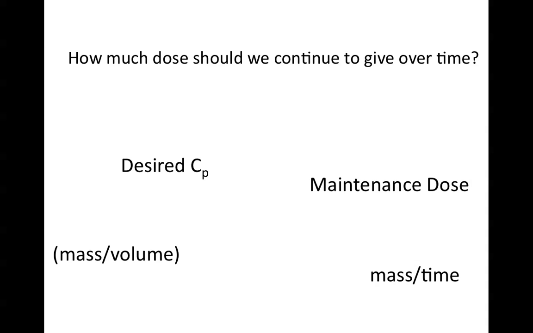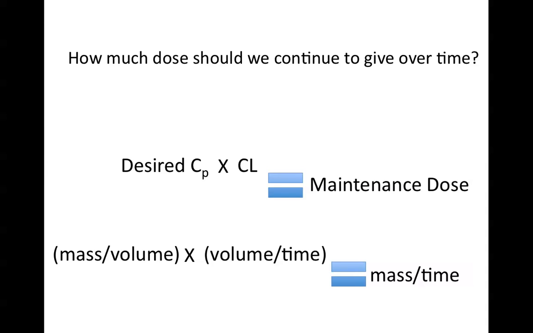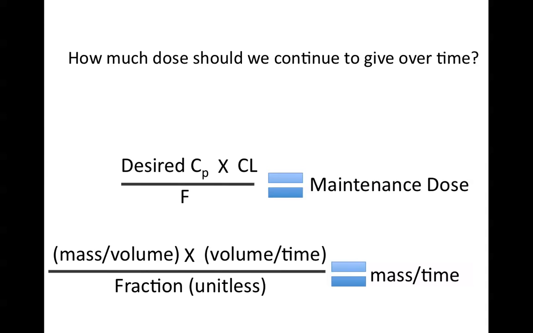That's going to be called the maintenance dose. So the question is, how do you convert a mass over volume to a mass over time? Well, you'd multiply it by volume over time. And what unit has volume over time? That's the clearance. But again, we have to take into account bioavailability. The units all work out, and we have our maintenance dose. That's how much drug you continue to give over time.